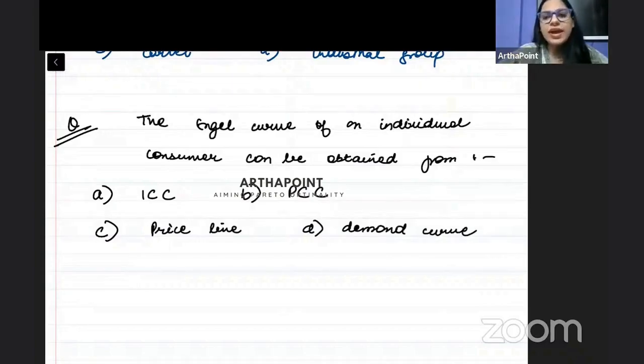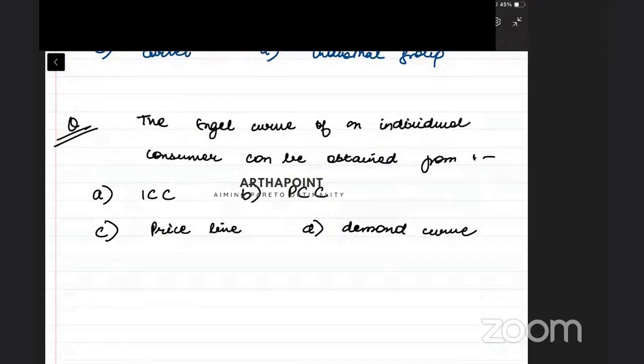How can you go ahead and obtain the Engel curve for an individual? Can you obtain it through ICC, PCC, price line, or demand curve? Try to answer this question, beta. What do you think the correct answer will be?